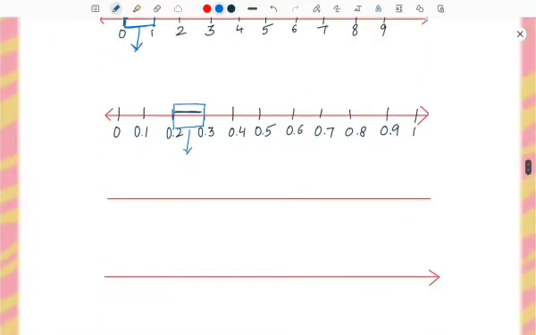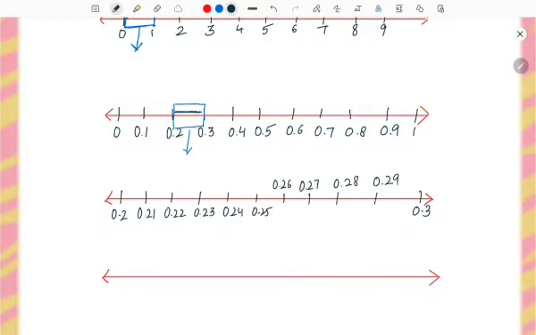Moving on, we are going to draw a number line starting from 0.2 and ending at 0.3. So the numbers on the number line would be 0.21, 0.22, 0.23, like so.